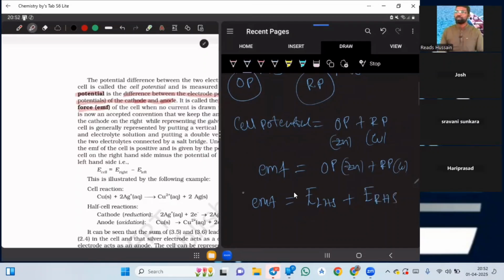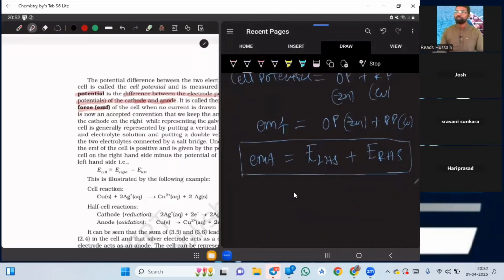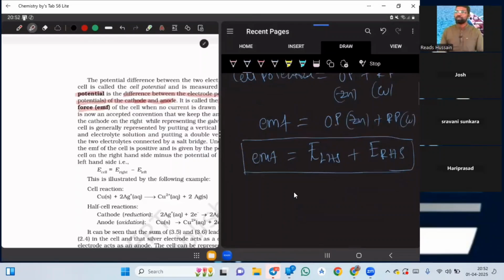This is one formula, but this formula is not given in your textbook. Whatever formula is given in your textbook, I will explain to you now. But you also remember this: we use this formula when the oxidation potential of anode and reduction potential of cathode are given.